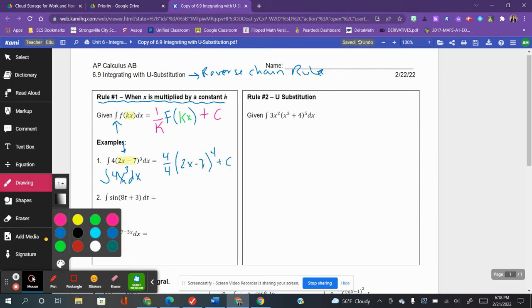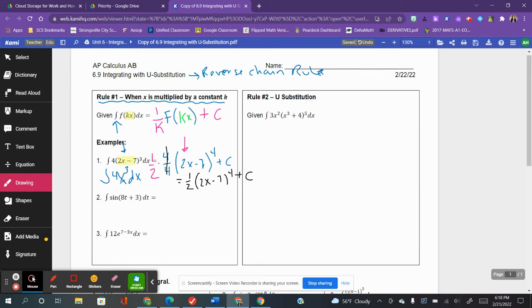And then my new rule says that I have to divide by the derivative of the inside. Dividing by 2 is the same as multiplying by half. So if I clean this up a little bit, my 4's divide out. I have 1/2 times the quantity 2x minus 7 to the 4th, and of course plus c.